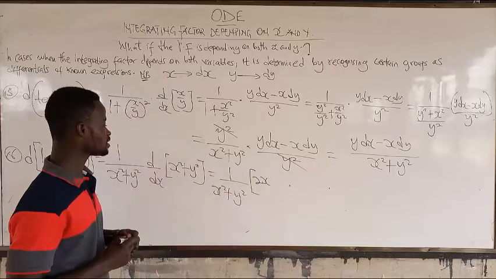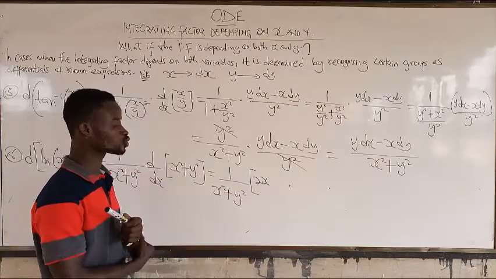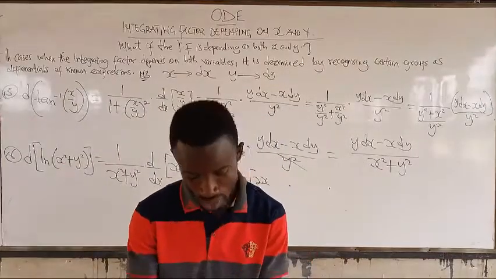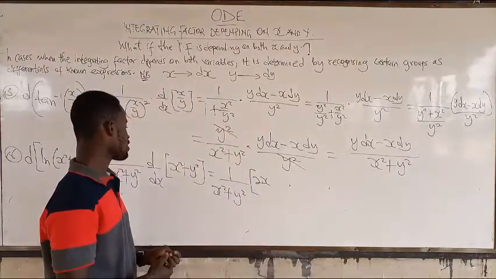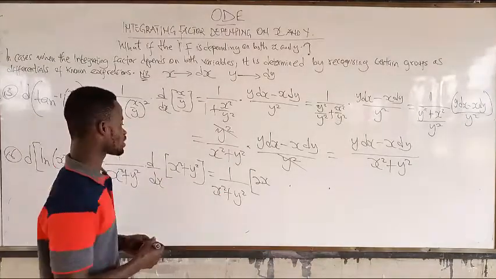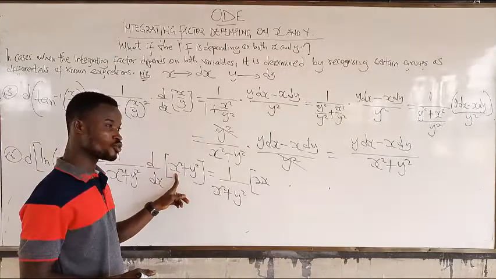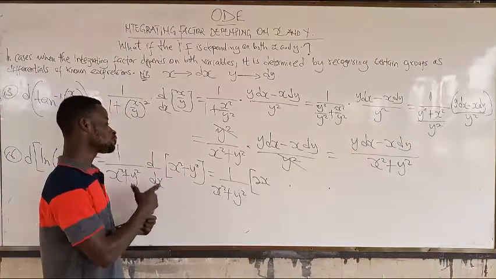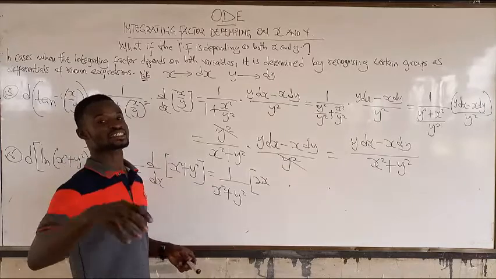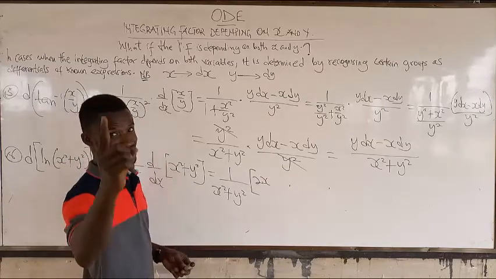Don't forget we are differentiating x squared. But as I said, this is like a general problem. When you differentiate x squared, you get 2x, then you differentiate the inside. If you differentiate x, it's 1.